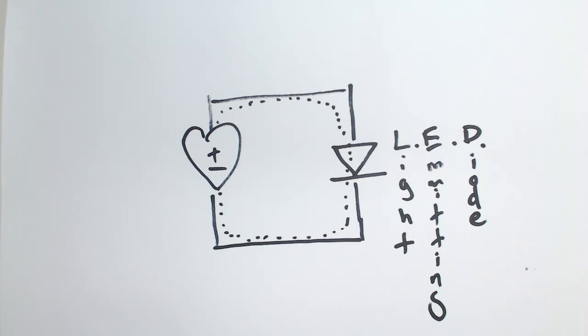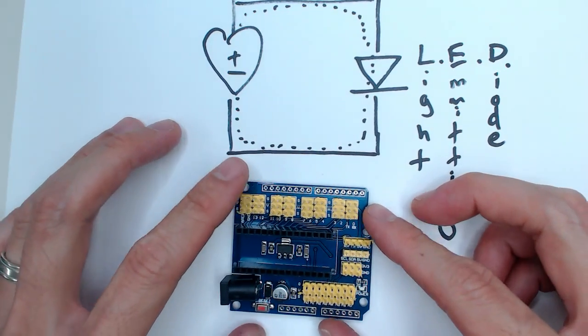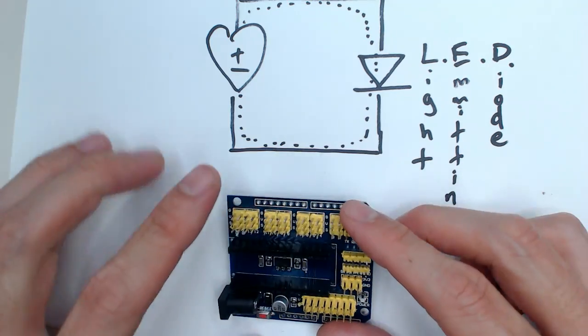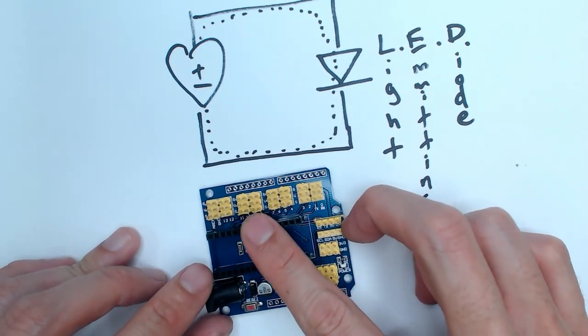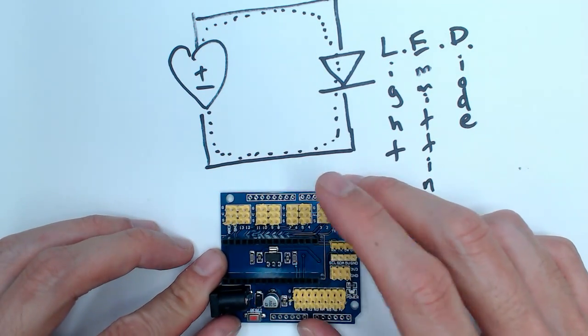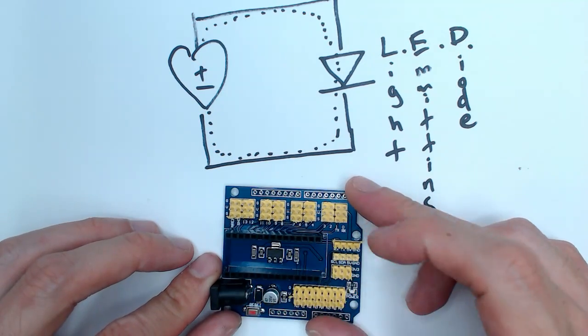Okay, so what we're going to do is pull out this guy. Now this is a junction board, and you'll notice that these two black little plastic things right here are called headers. So whenever I refer to headers, I'm talking about these two things.